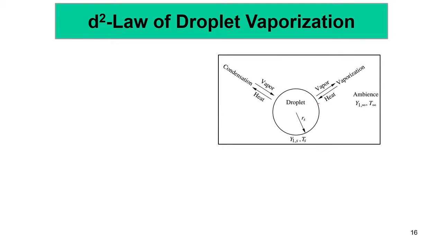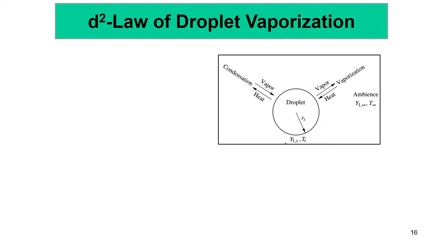So, here you have a single droplet, and this is my interface, a liquid air interface, which is the droplet radius, and we can say that just above the droplet radius, my species mass fraction is Y1s, and the temperature is Ts, and of course the droplet is undergoing evaporation.